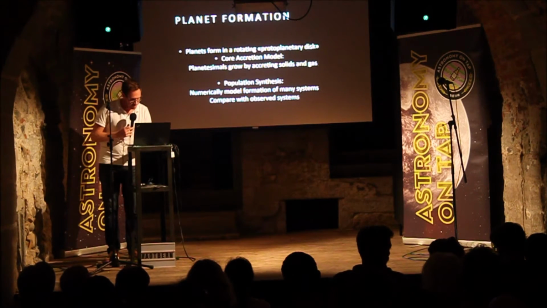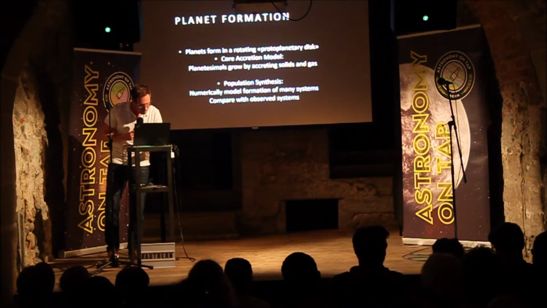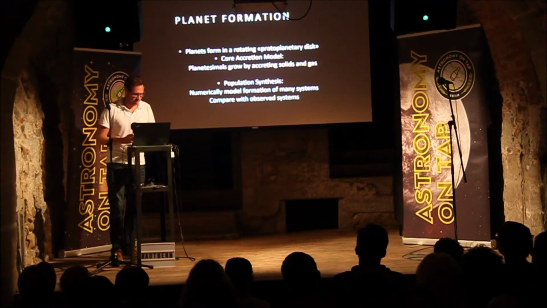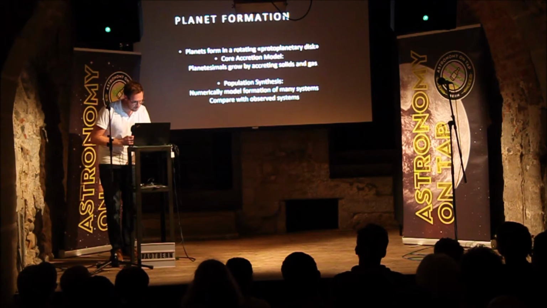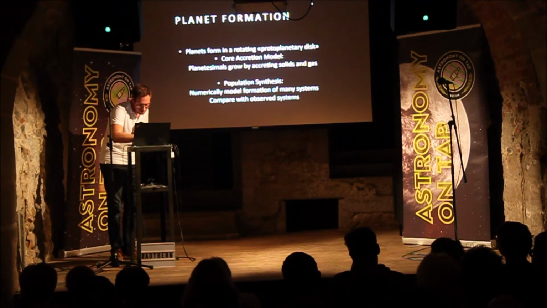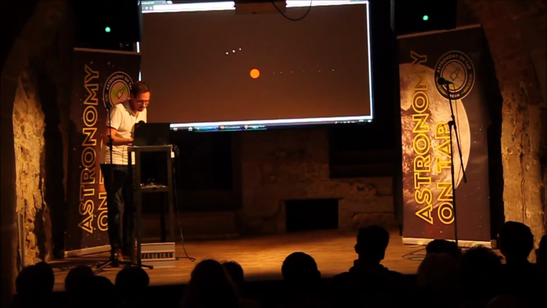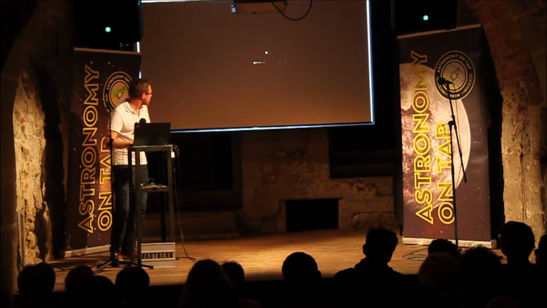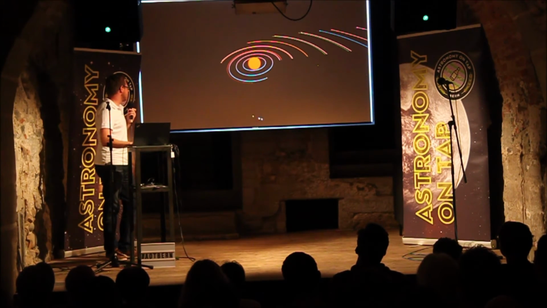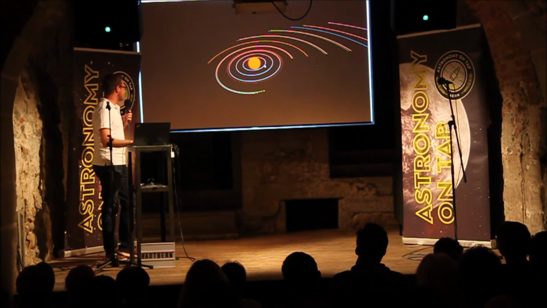This works. What it looks like. So I put the Trappist planets here, and the white ones are the formed, so these are the theoretical planets that we managed to get, and the colored ones are the Trappist planets.